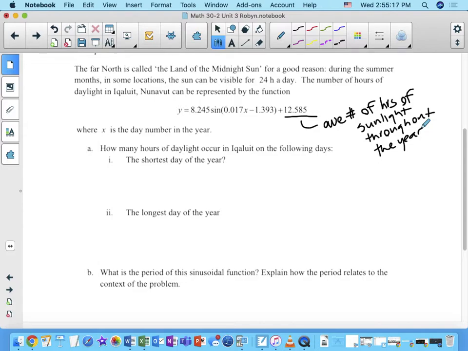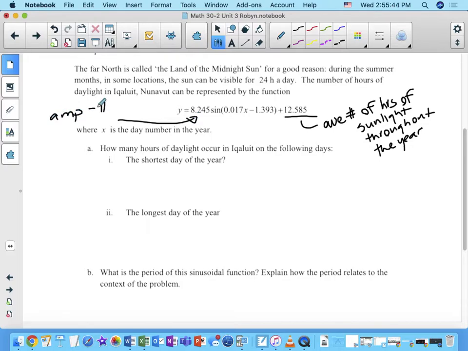And if the middle is 8 and it goes down by, no, the middle is 12. The middle is 12 point something. It goes down by 8 point something. 12 minus 8 is what? 4. So that's going to be the minimum. Does that make sense? Okay, now, this is the amplitude.